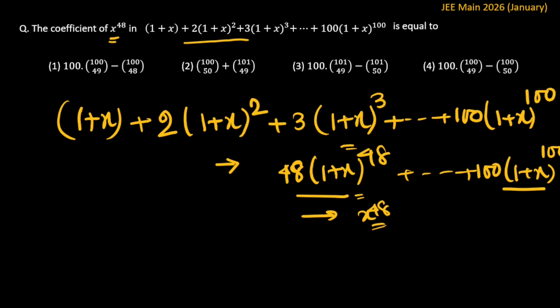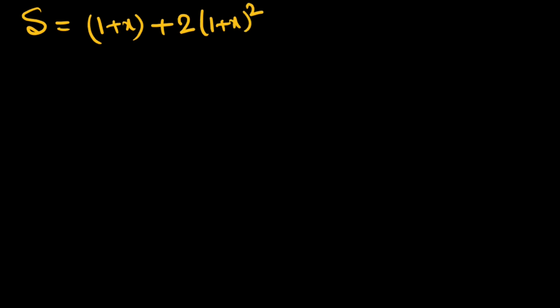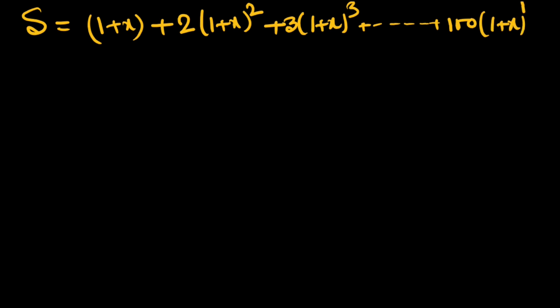So now we approach another method to find the coefficient of x^48. Let us clearly write this total expression, denoted by S = (1 + x) + 2(1 + x)^2 + 3(1 + x)^3 up to 100(1 + x)^100.